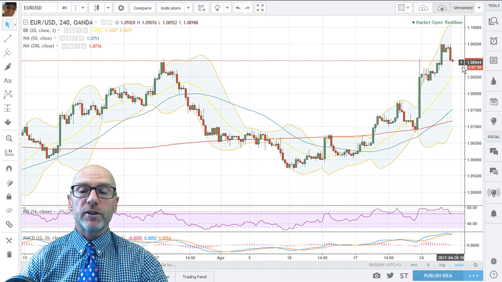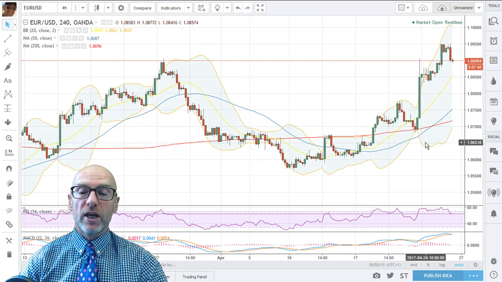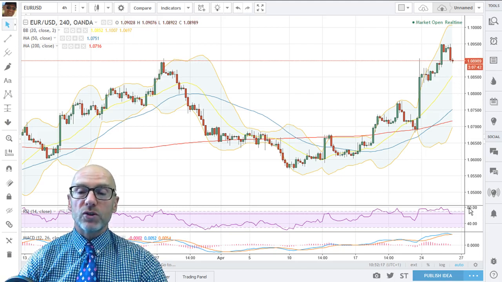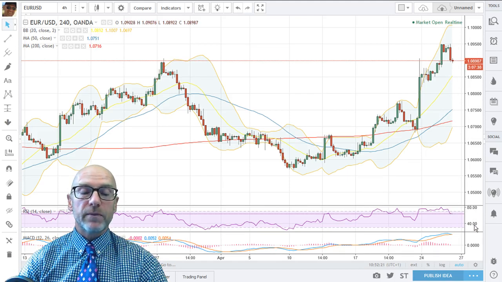On the shorter term picture, here we have the 4-hour. So each candle represents 4 hours, and you can see that we're extended away from the 20 and the 50 and even the 200 4-hour moving average. It's all positive that they're moving up. However, we are overextended, and we've also just had a breakdown in the RSI, which has broken from around the 80 level and is now trading at 63.41.